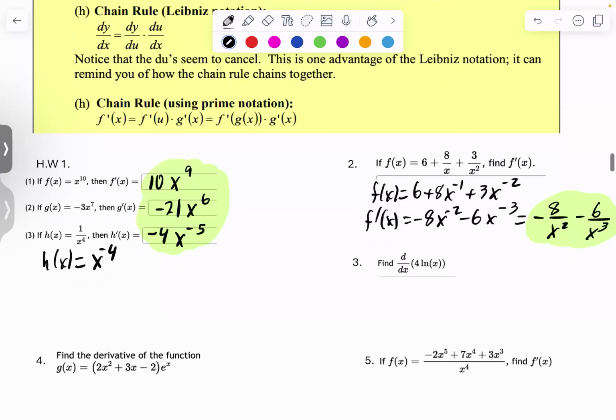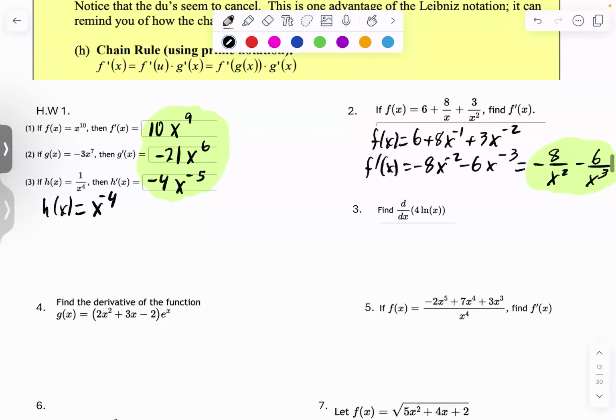Now number 3, it's the derivative with respect to x of 4 times the natural log of x. Now I'm going to go ahead and pull that 4 out in front, since it has nothing to do with the function of x.